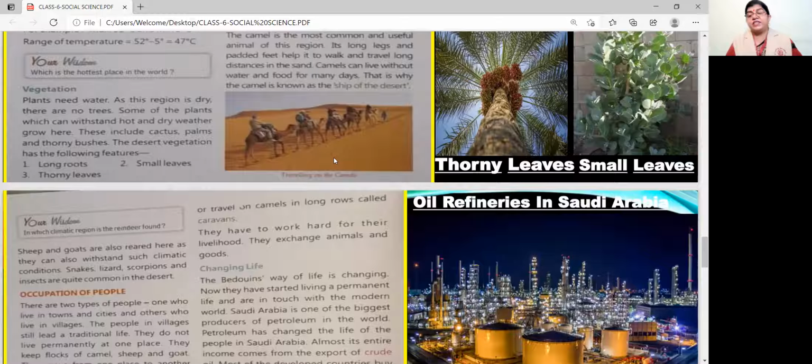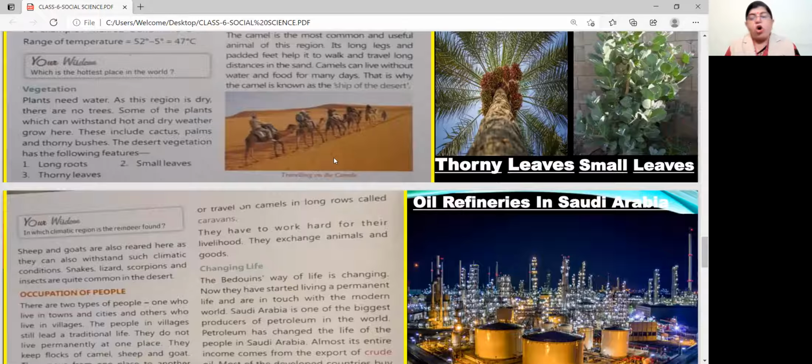They can withstand such climatic conditions. Animals and reptiles which can stand such conditions without water, they can stay for many days. They can only survive there. So, snakes, lizards, scorpions, and insects are quite common in the desert.